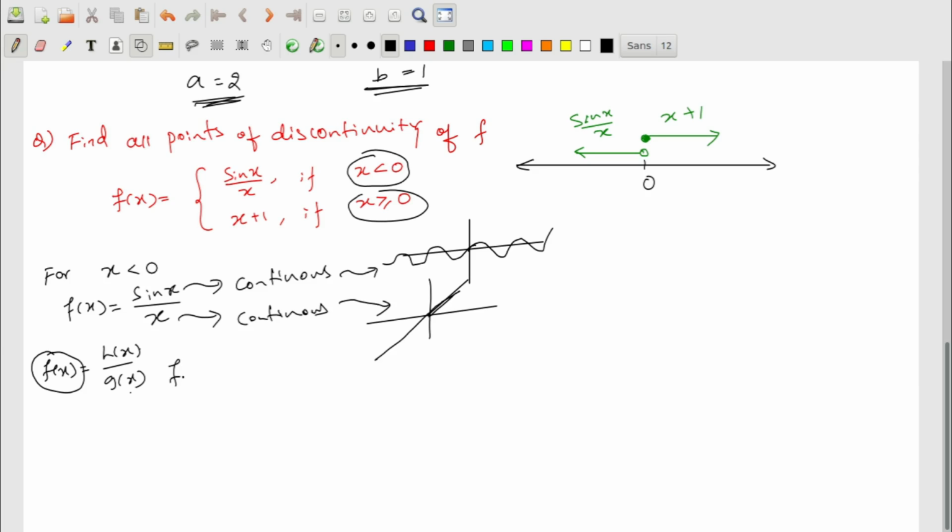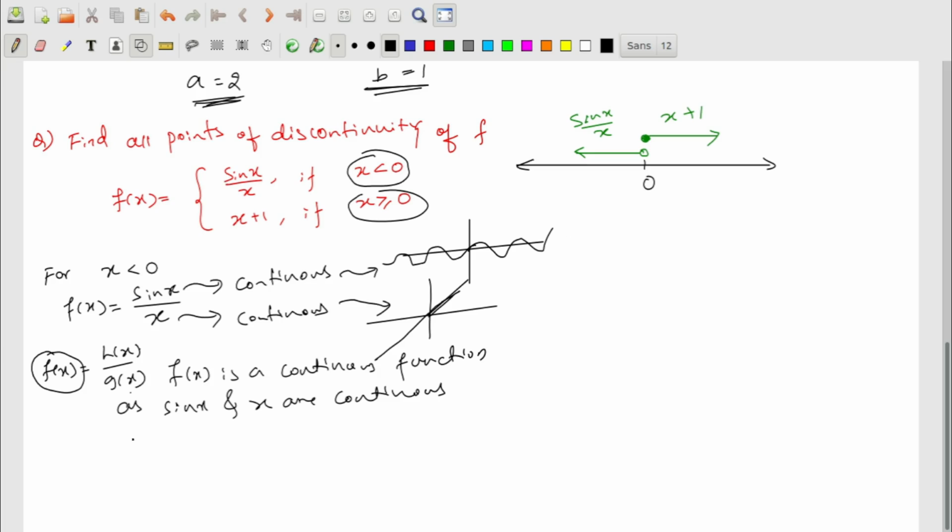So here f of x is a continuous function as sin x and x are continuous. Okay, so now for x less than 0 the function is continuous.